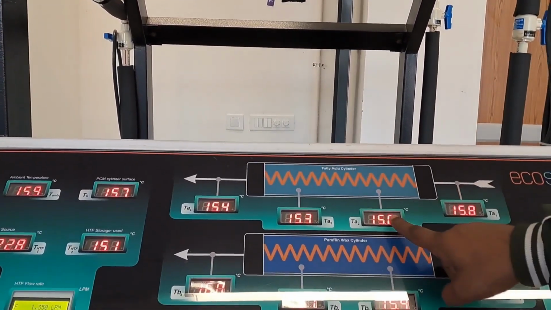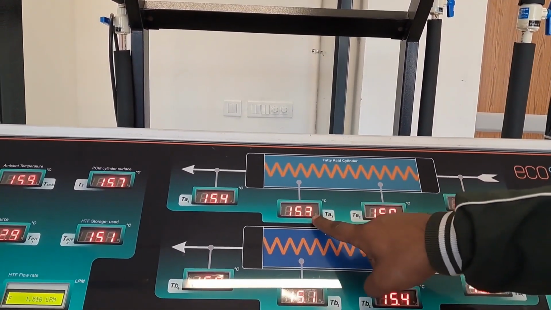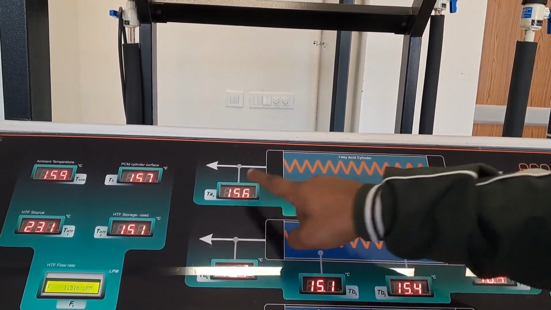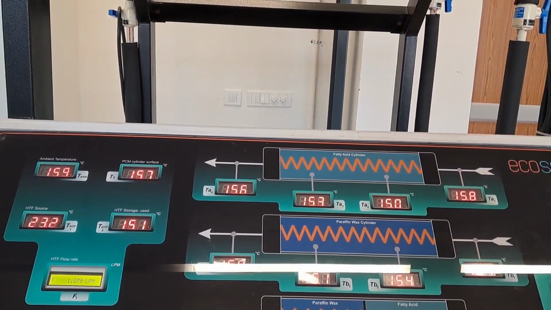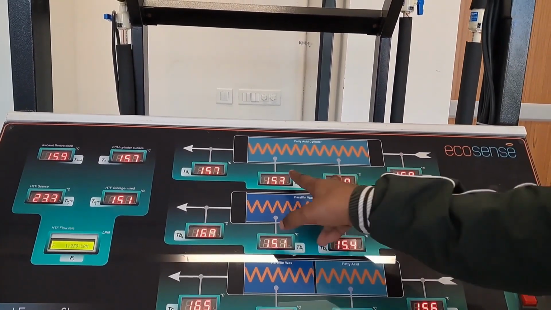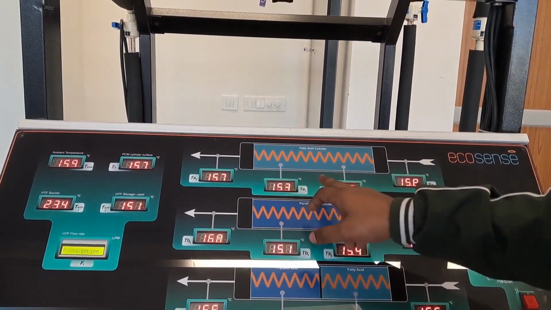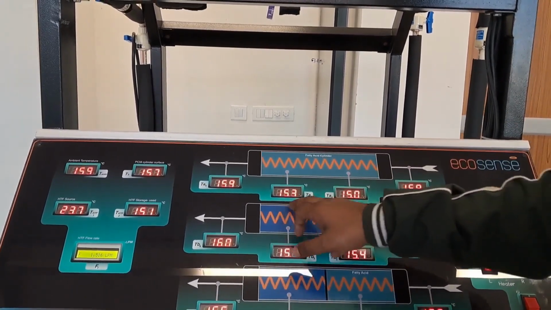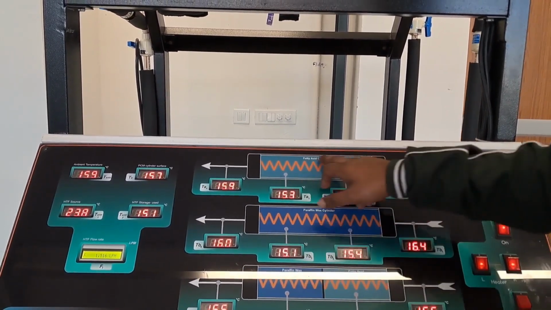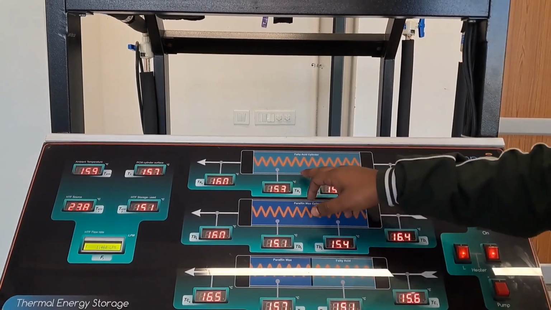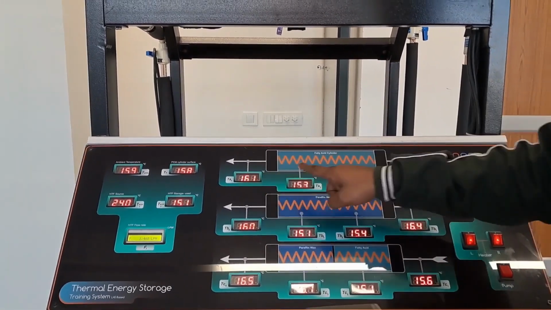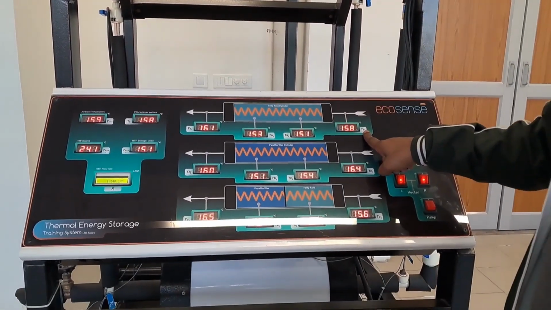So we have four temperature meters. Two are inside, indicating the temperature of the fatty acid, and two are indicating the temperature of the inlet and outlet. In order to take a reading of the temperature of the PCM material, the fatty acid here, we can take the average of these two temperatures.